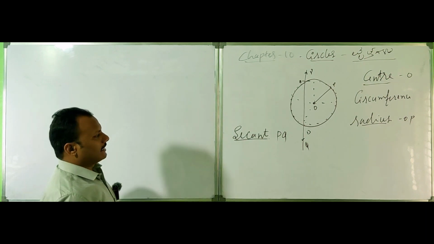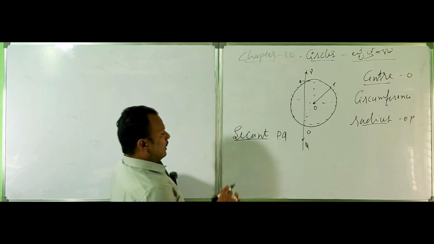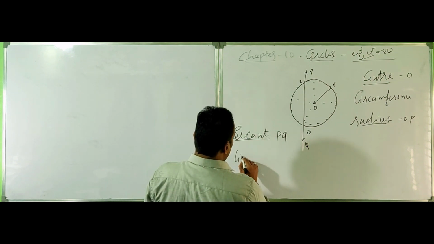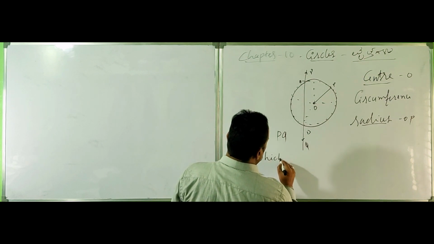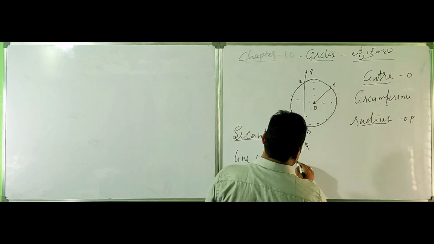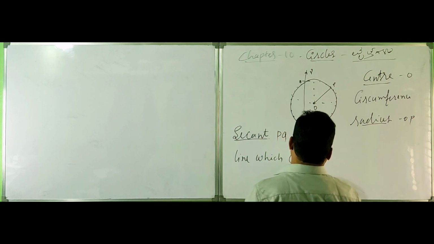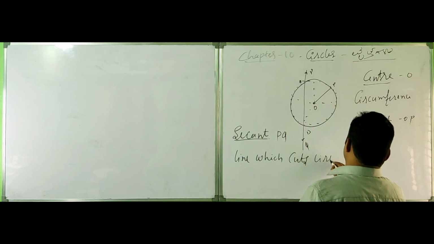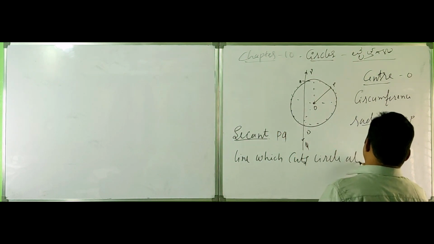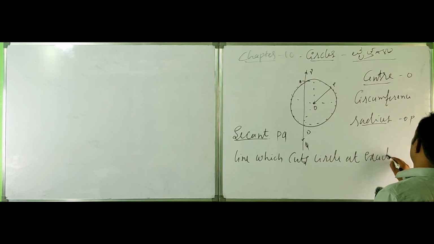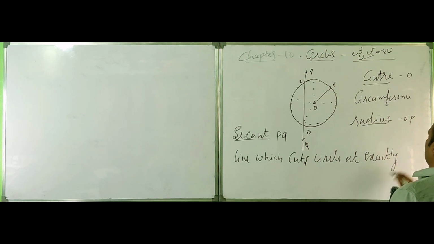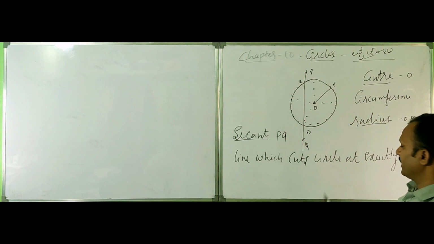Okay, secant is a line segment or line which cuts the circle at exactly 2 points.